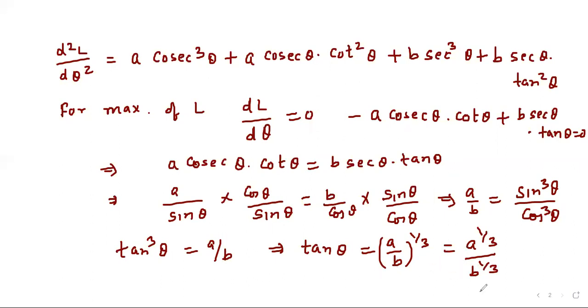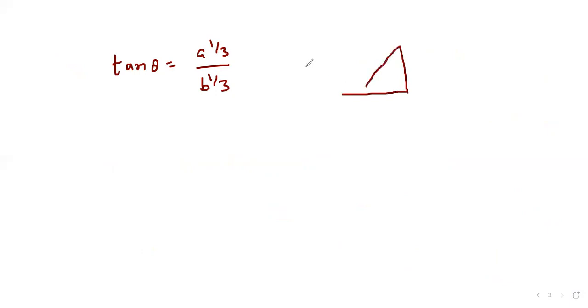From here, we can use a right angle triangle. So we have got tan theta as a power 1 by 3 divided by b power 1 by 3. If we draw a triangle, so this is theta. Tan theta means perpendicular, and this is base b power 1 by 3.